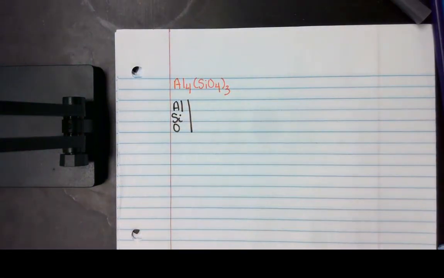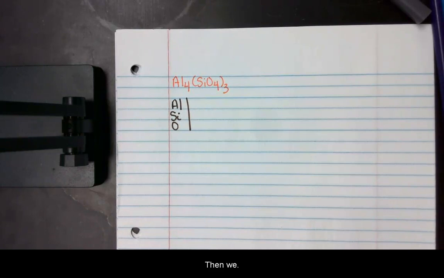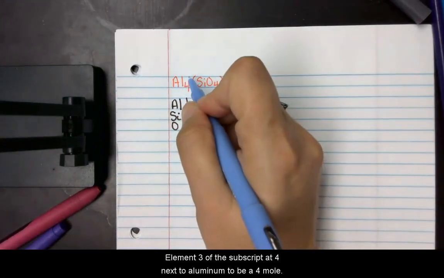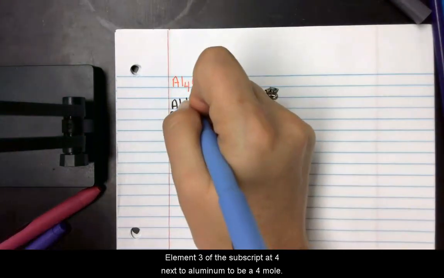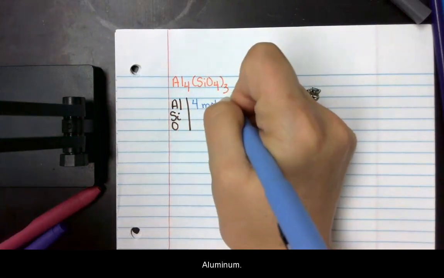Then we figure out the moles per element. So we have the subscript of 4 next to aluminum. So we have 4 mole aluminum.